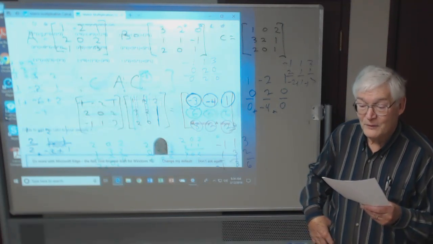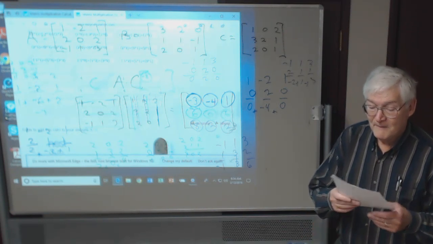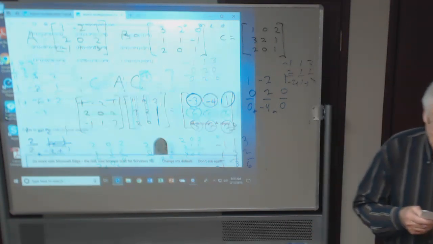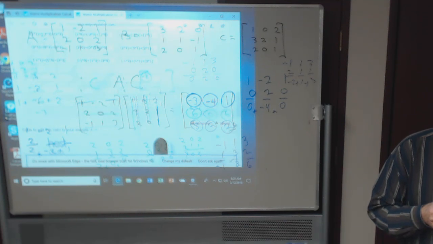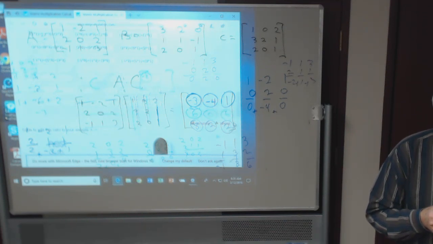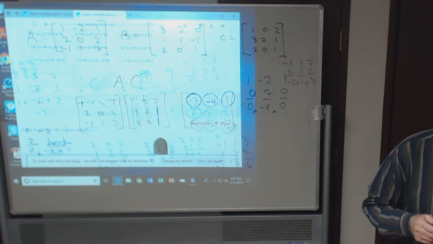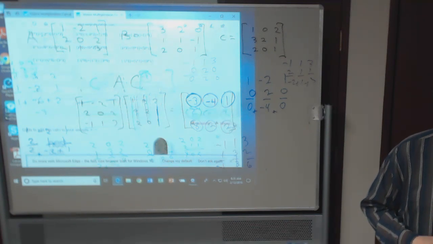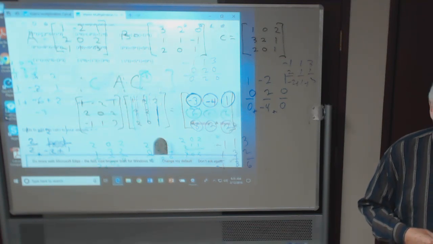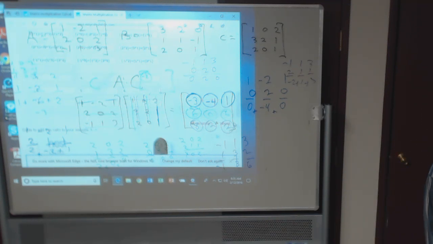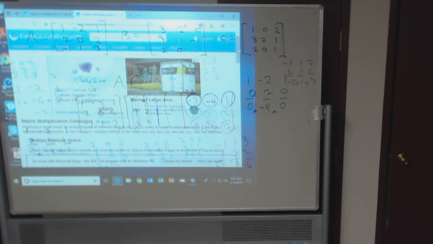In problems 23 through 27, verify that A times B equals I. You know what I is? It's the identity matrix. Let's go back up here to easy calculation.